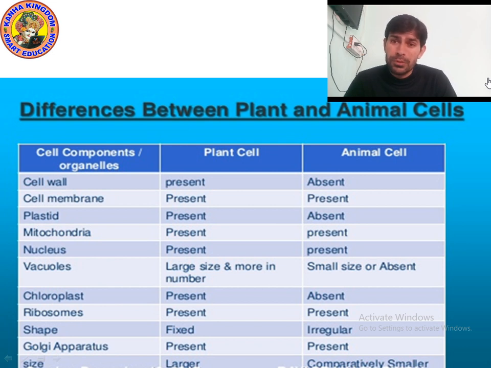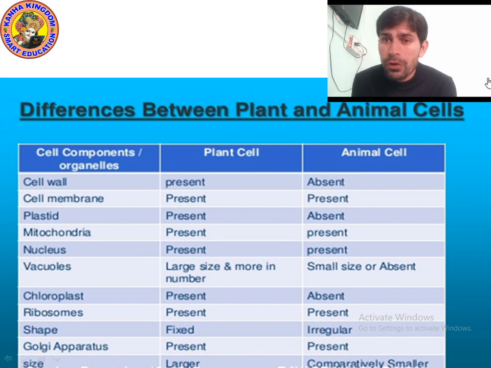The shape of plant cell is fixed, but the shape of animal cell is irregular, means not fixed. Golgi body is present in both cells. If we talk about the size, plant cells are larger, animal cells are comparatively smaller. So these are the differences.